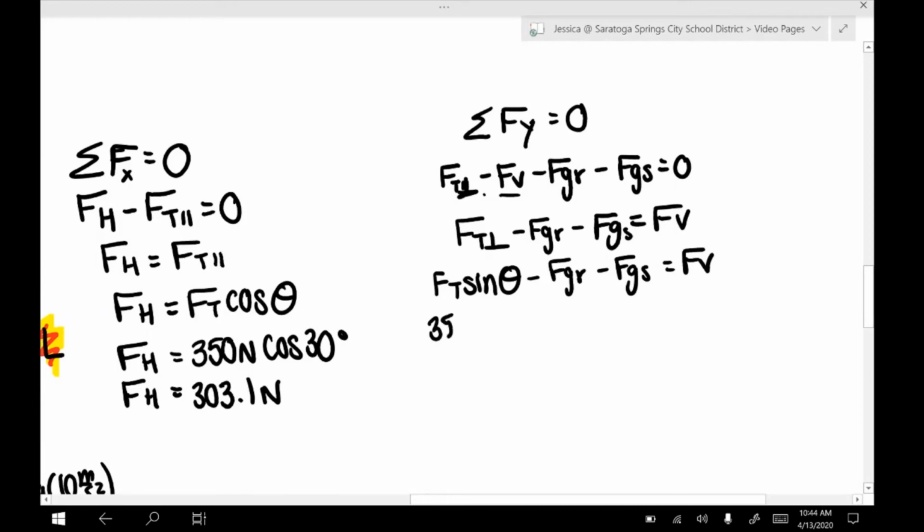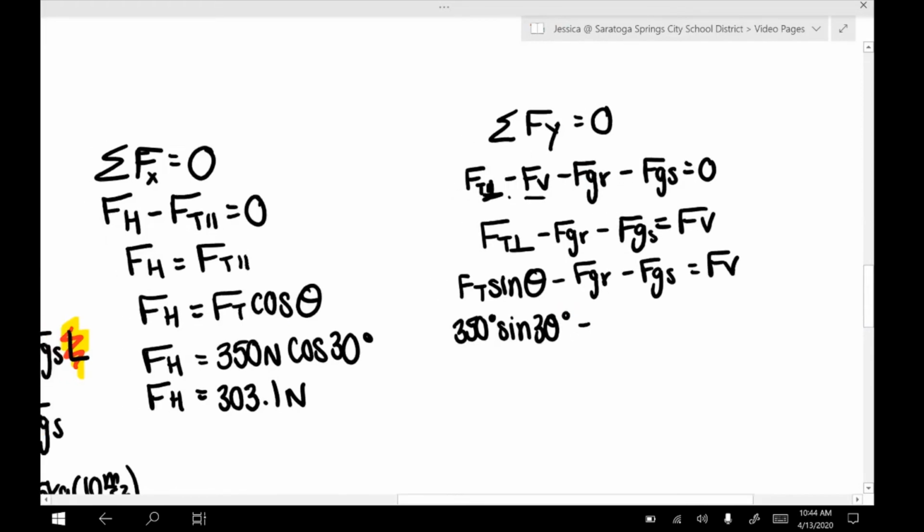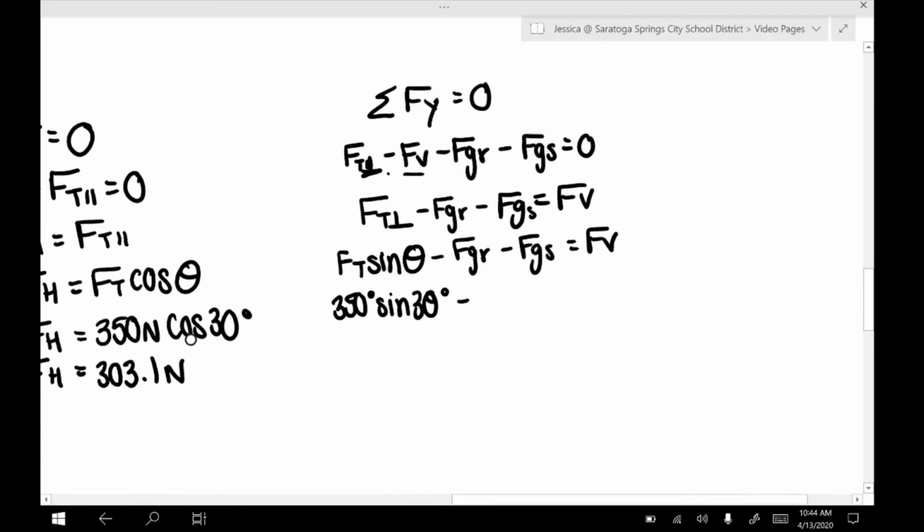So 350 times the sine of 30 minus the rod was 10 kilograms times 10 meters a second squared, mg. 5 kilograms times 10 meters a second squared, that's another mg, is FV.